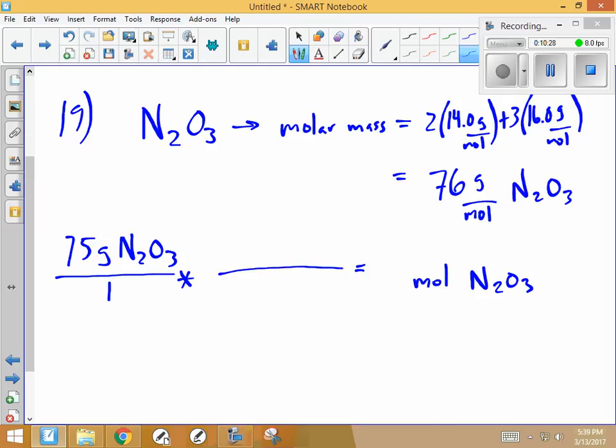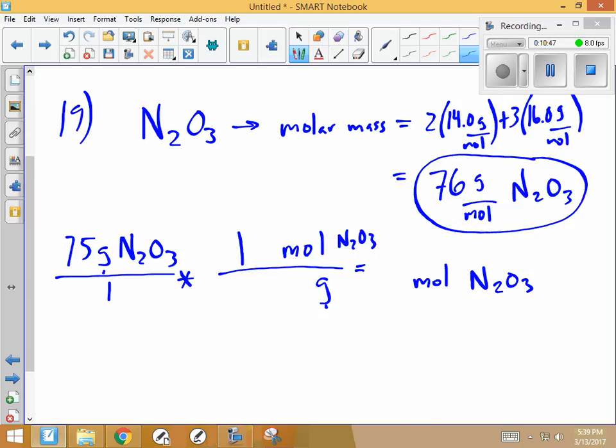We're going to use this molar mass that we calculated, but we have to use the inverse of it. We're going to use grams on bottom so that the grams cancel, and we'll have moles on top. So 1 mole of N2O3 weighs 76 grams.